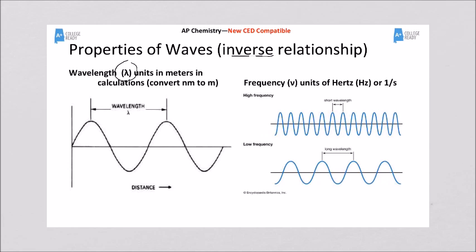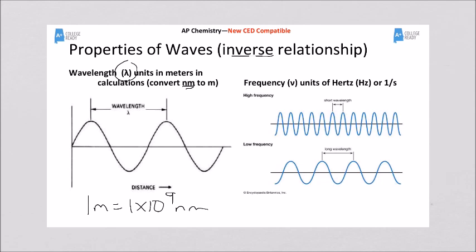When we do calculations, the units do need to be in meters, but when we're talking about light in chemistry, typically we give wavelength in nanometers. So remember, 1 meter is a billion nanometers. Just a quick review of that relationship. Before you can do any calculations, you need to change the nanometers to meters.